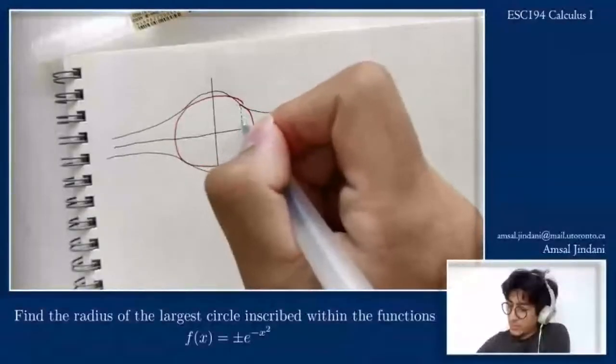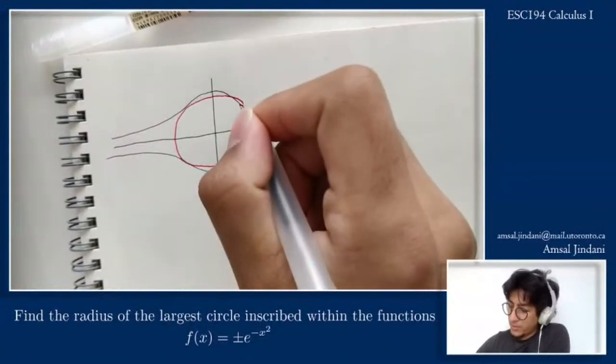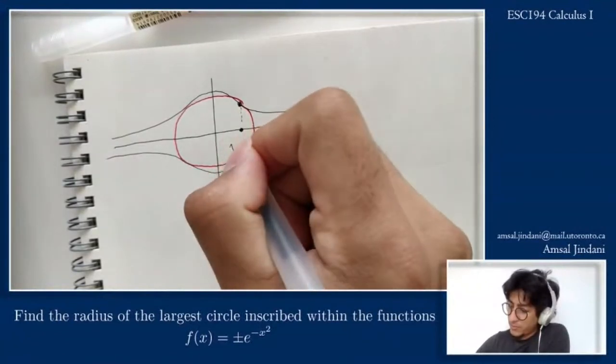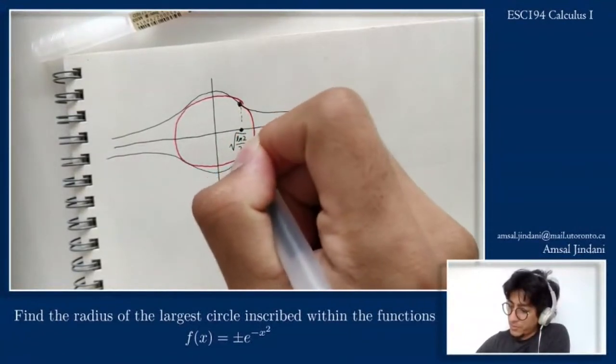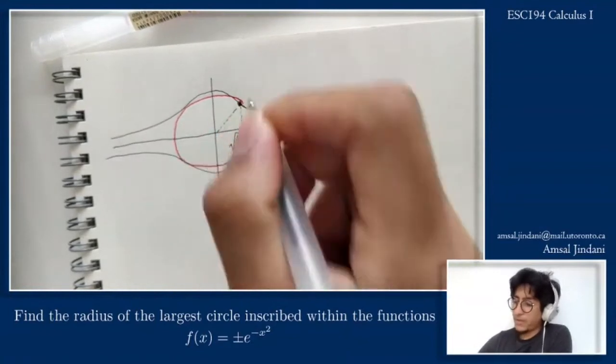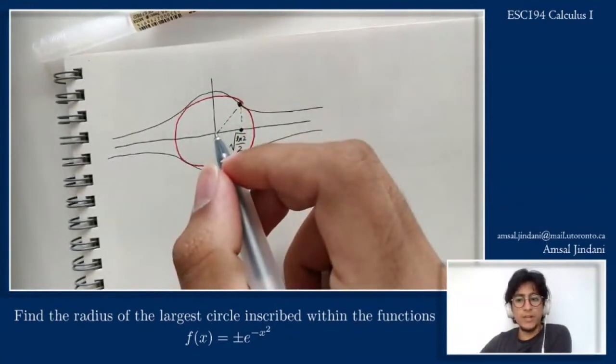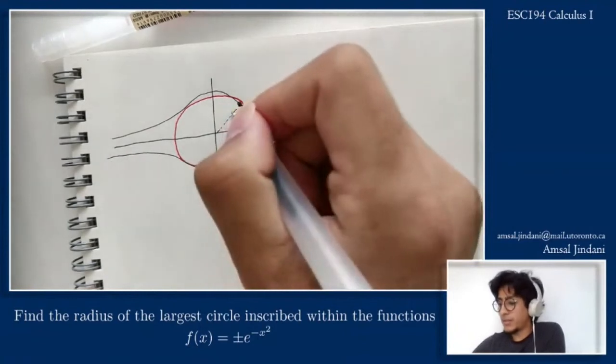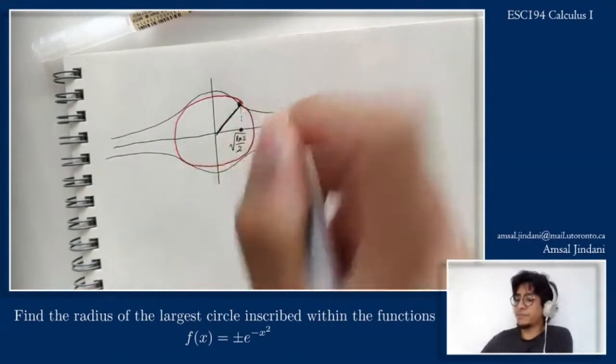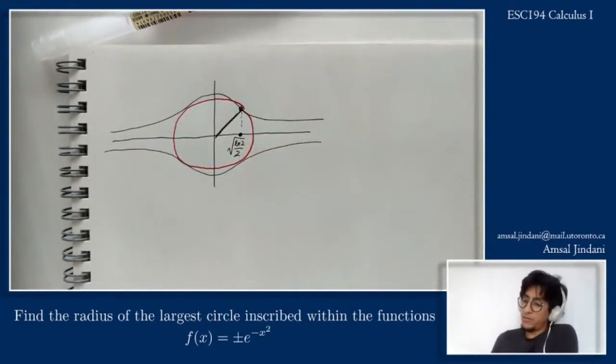And basically what we found is this x coordinate. So this x coordinate is the square root of natural log of 2 over 2. And then you can just plug that back into the distance formula we had relating r and x to get the radius of the circle. So that's how you do question 6.